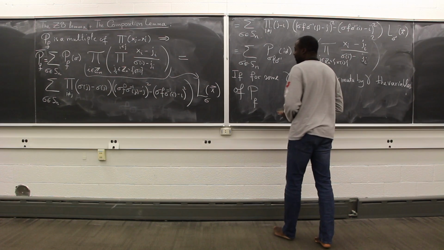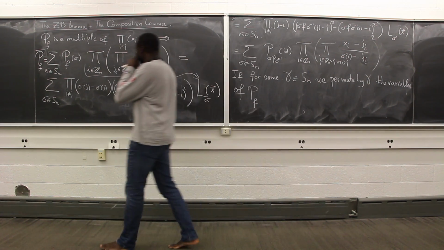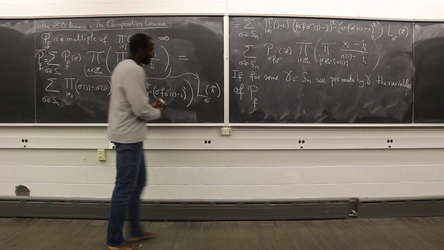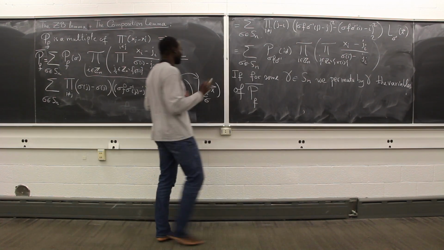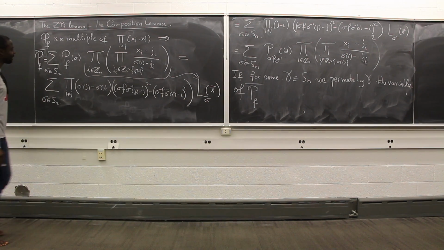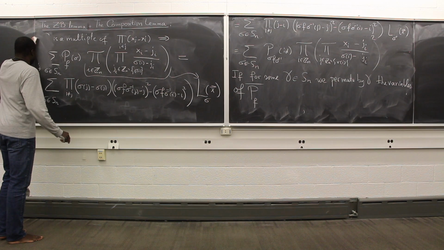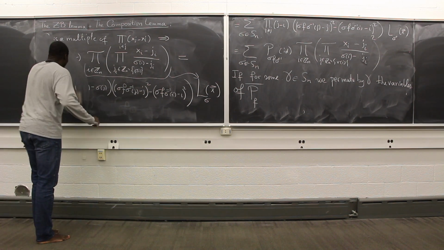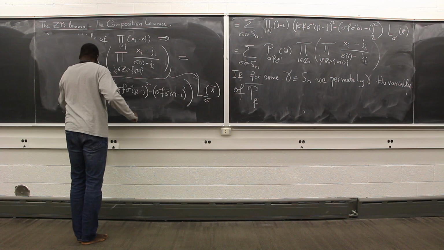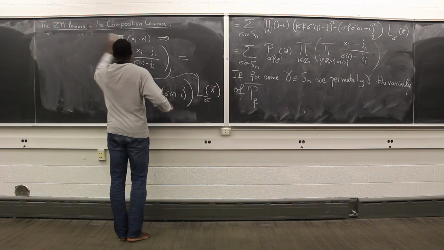So let me do the permutation. So where should I do the... Okay, so let's do it here. Sorry, we're always interested in Pf bar. Pf bar, let's see what happens. Okay. So we get something quite nice. Let me write what we get.